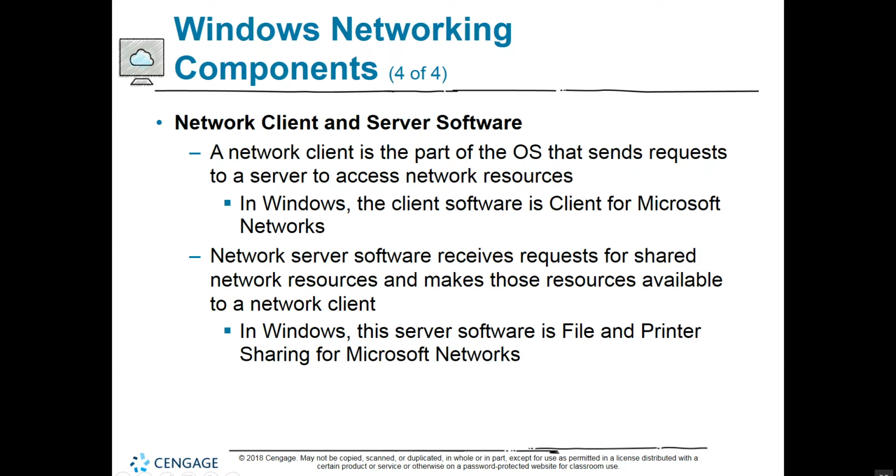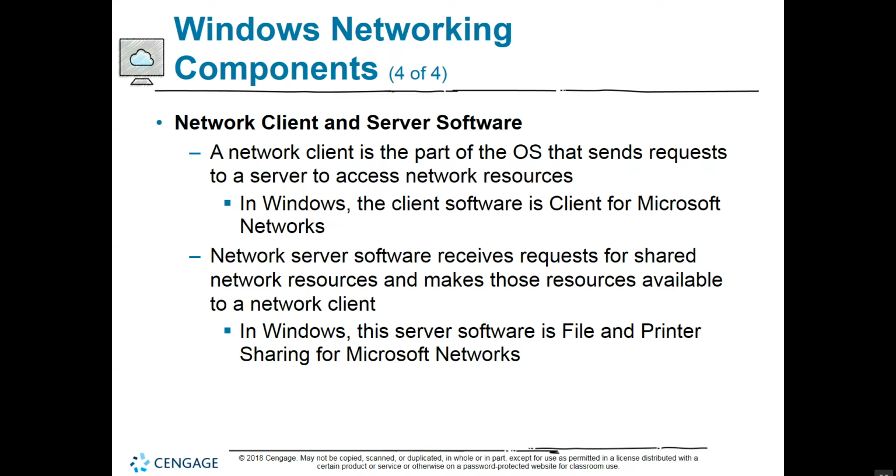Now, network client server software, we have to have software that works as a client. And if we're going to have a domain controller, the domain controller has to be able to control what's going on on a network and interact with the other systems that are on the network.